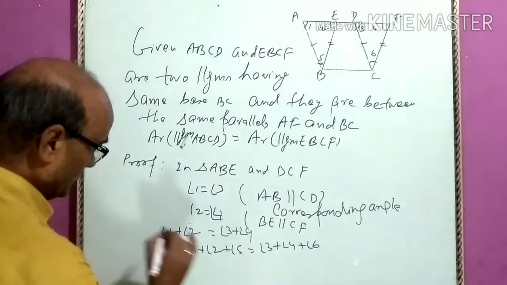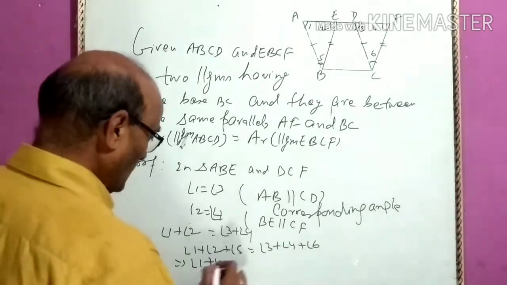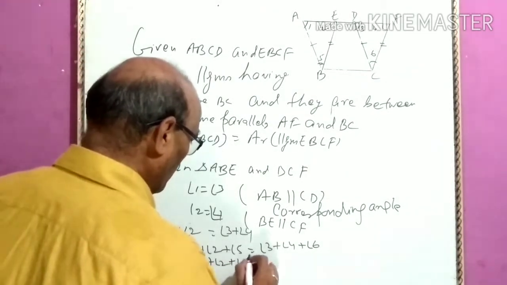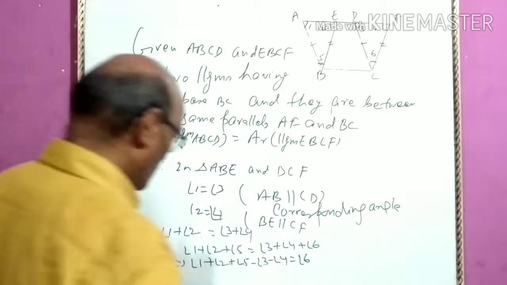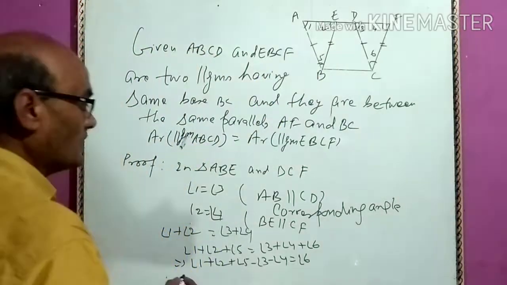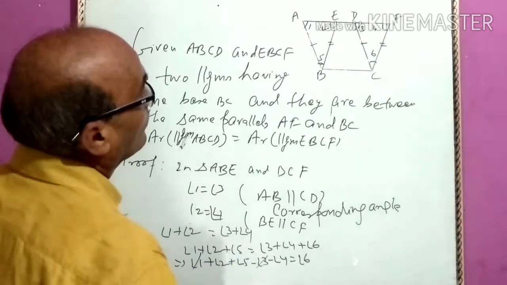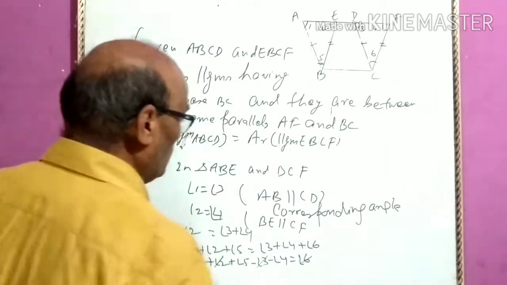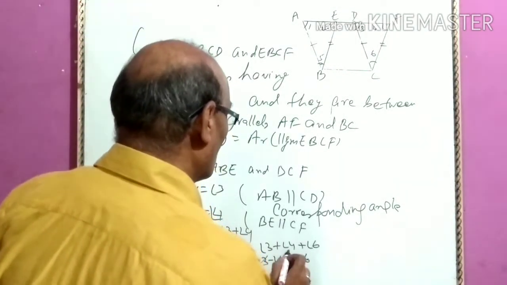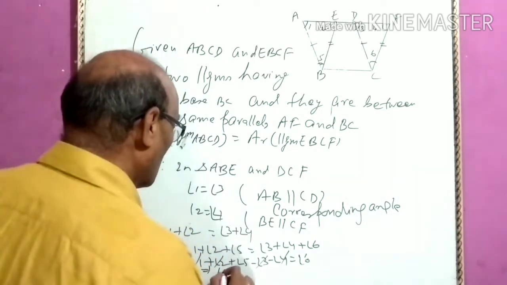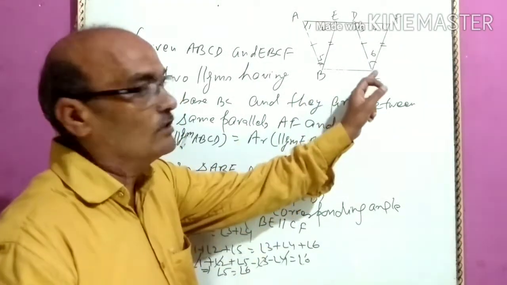Now, 1 plus 2 plus angle 5 minus angle 3 minus angle 4. But angle 1 is equal to angle 3, so this will cancel. Angle 2 is equal to angle 4, that will cancel. So finally we have angle 5 is equal to angle 6.